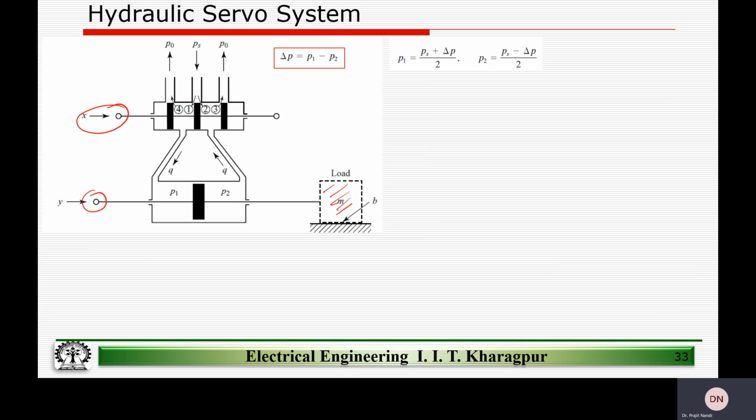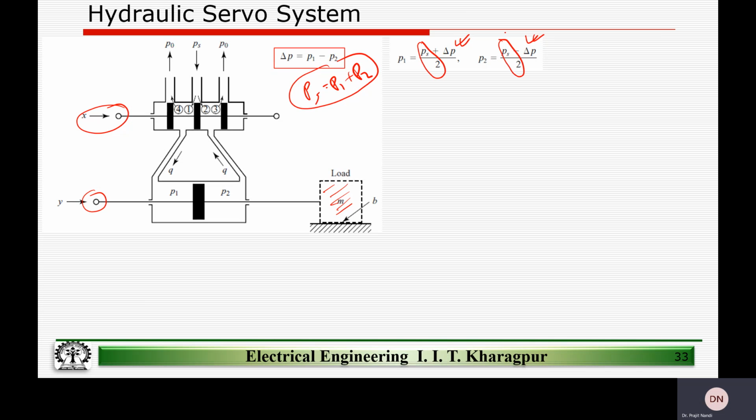So we can express P1. In the last slide we saw that PS is equal to P1 plus P2. So we have kind of derived that, right? By the same token, it's fair to represent P1 and P2 in these terms, wherein there is a common mode signal given by PS/2.